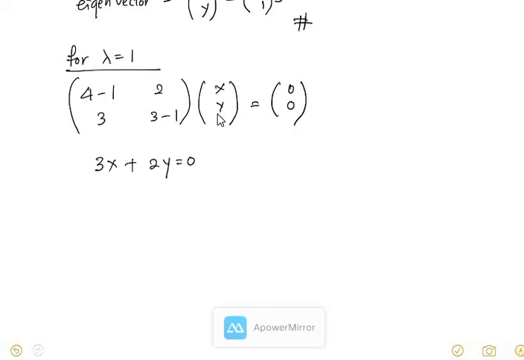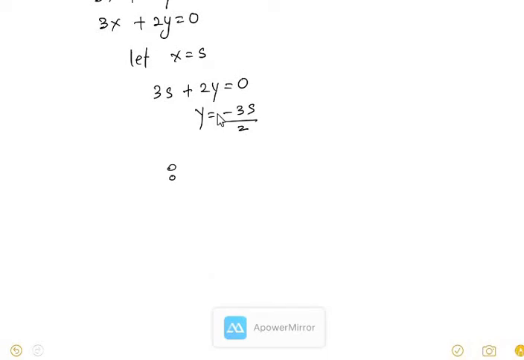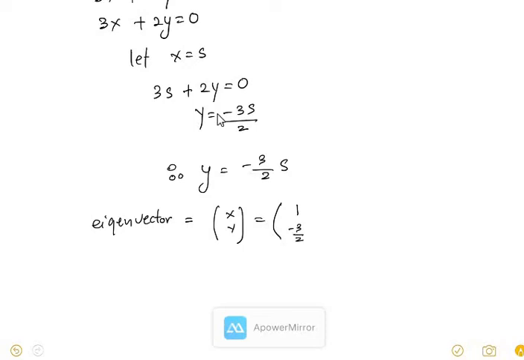So similarly the second row, you have 3x plus 2y equal to 0, and assume x is equal to s. Now 3s plus 2y equal to 0, y equal to negative 3s over 2. I get y equal to negative 3 over 2s, and the eigenvector equal to x and y. So x is 1 and y is negative 3 over 2s. Okay?